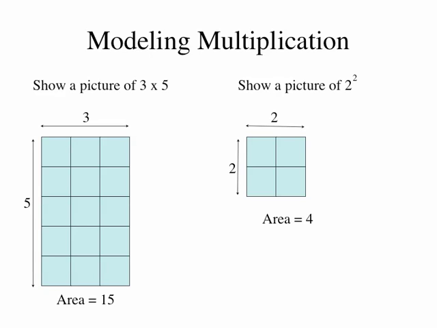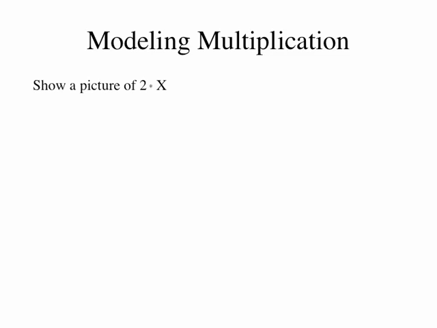Now this works nice and neatly when we're multiplying together constants, that is, plain old numbers whose values don't change. But we can extend this idea to thinking about multiplying variables. For example, if I asked you to show me a picture of what 2 times x looks like, we could draw a rectangle that was 2 units wide and x units tall.